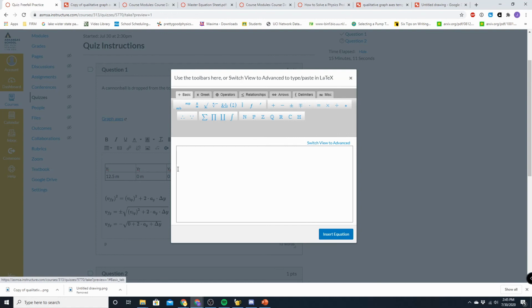So v Fy is equal to a negative square root 2 times, now it's important that we put in all the signs correctly. Remember that ay was negative 9.80 meters per second squared, because the delta y final was 0 and the initial was the 12.5 meters.